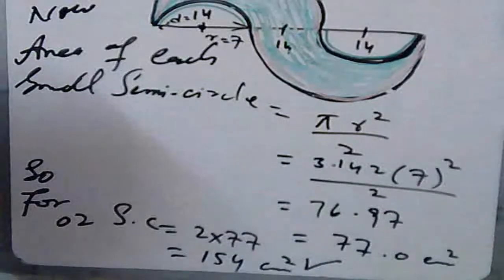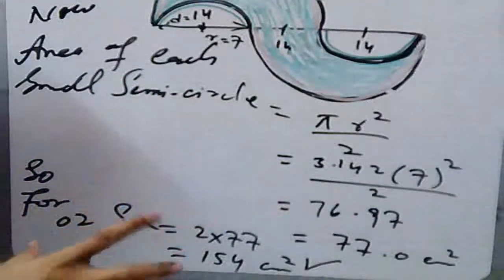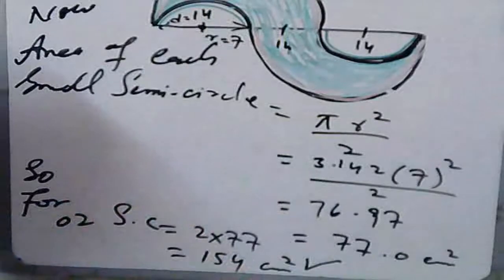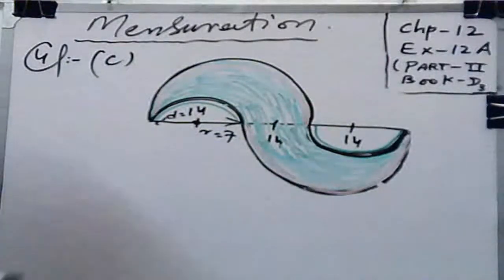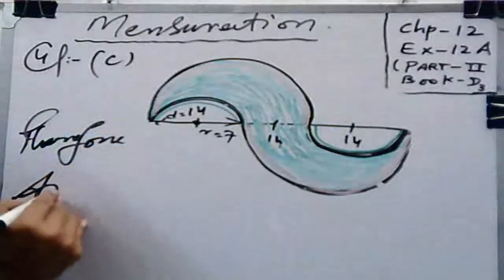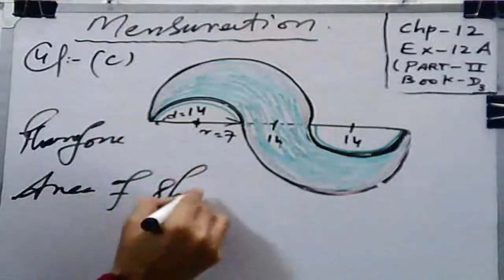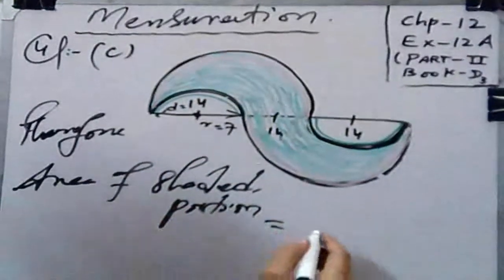Now initially we have calculated the area of 2 big semicircles, and now we have calculated the area of 2 small semicircles. So for the area of the shaded portion, you just have to subtract.